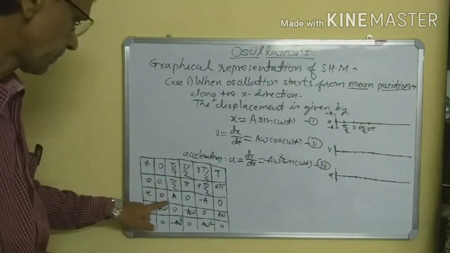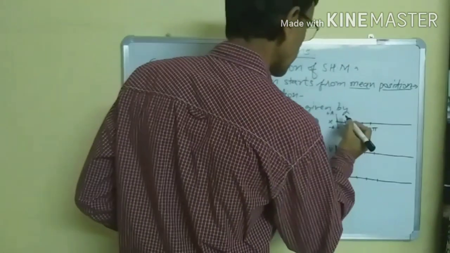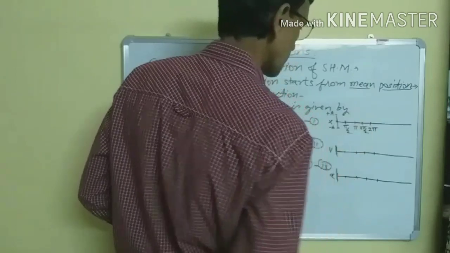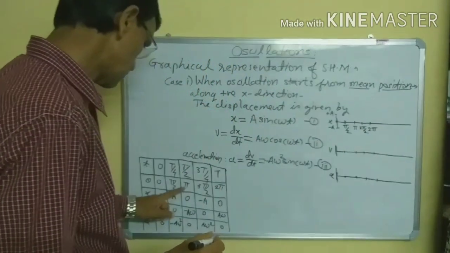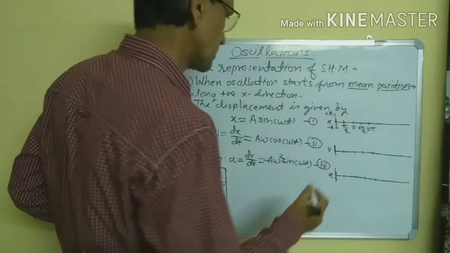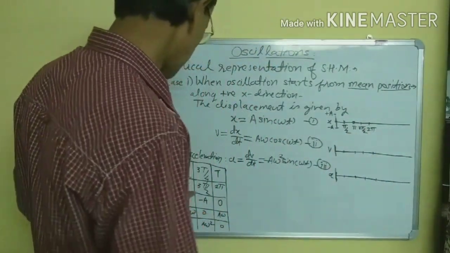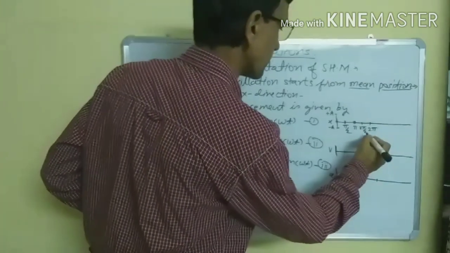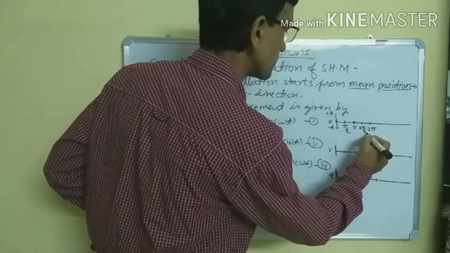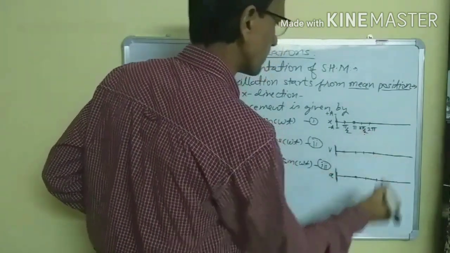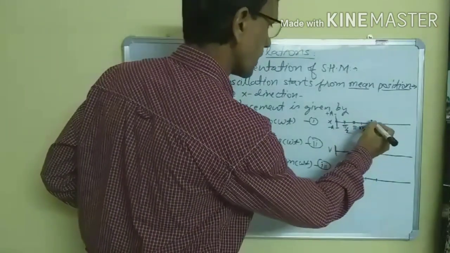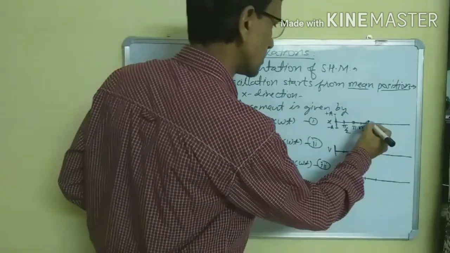When theta is equal to pi by 2, x is equal to A, and the point comes here. When theta is equal to pi, the value comes out to be 0. Again for 3 pi by 2 it is minus A, the maximum bottom value, let us mark this point. And for 2 pi it is again 0.